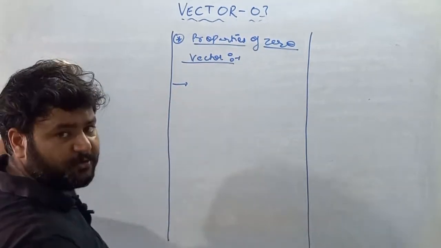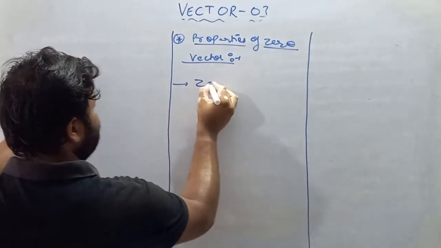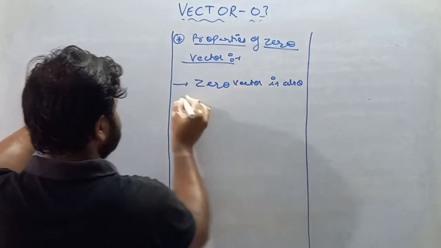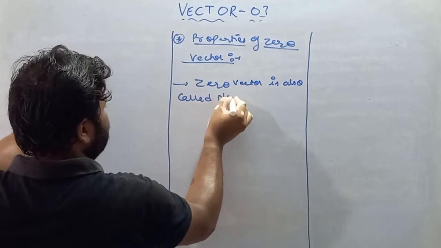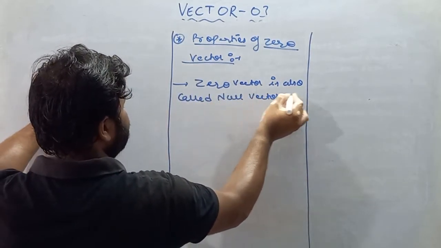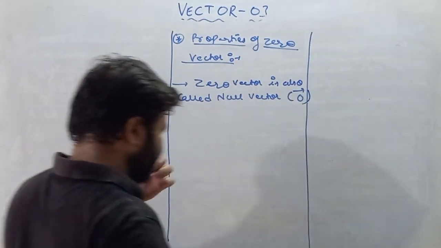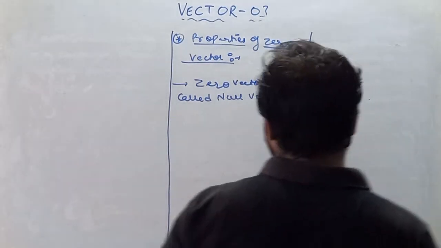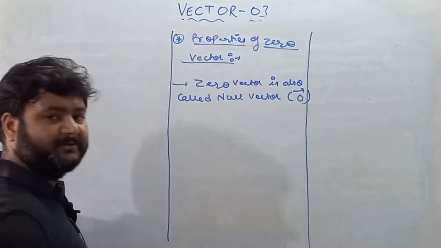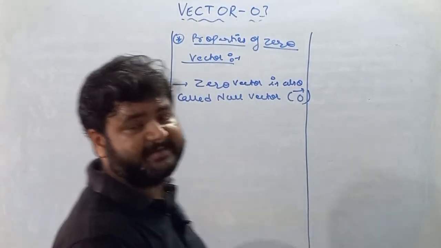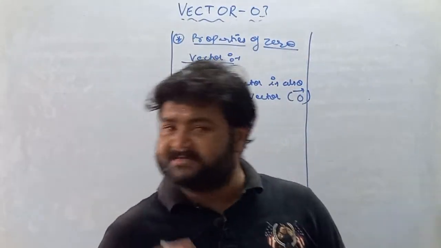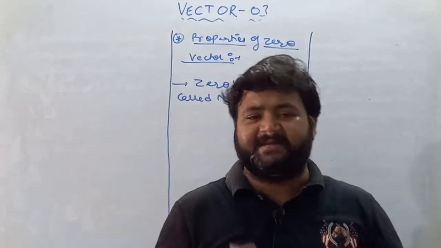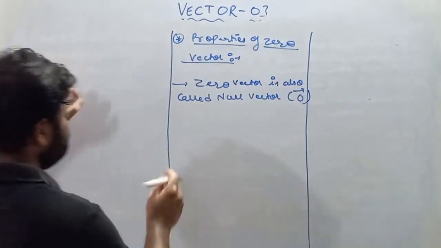Zero vector is also called null vector and is represented by zero vector. So remember this thing, beta. Zero vector means the vector whose direction is arbitrary but whose magnitude is 0. Those vectors whose magnitude is 0 are called zero vectors, and their direction is also not defined. They are anywhere. So we'll say zero vector.